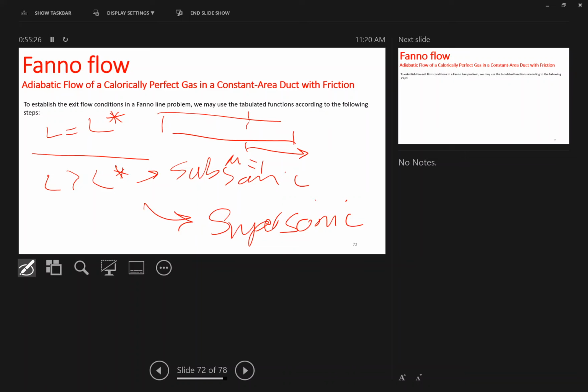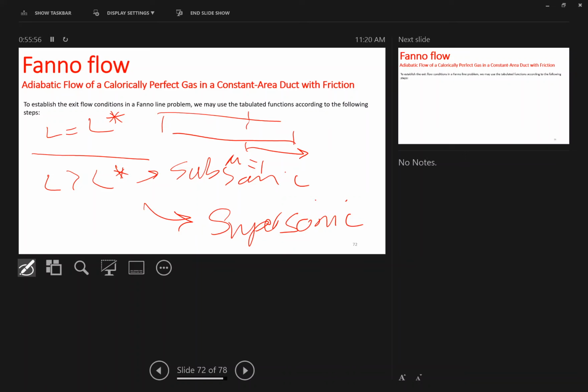So your pressure and temperature at the inlet will not change, right? What's going to happen is you are going to get a normal shock inside the duct, in a way that your outlet condition is still the star condition, the sonic condition. So the adjustment is made with a normal shock.